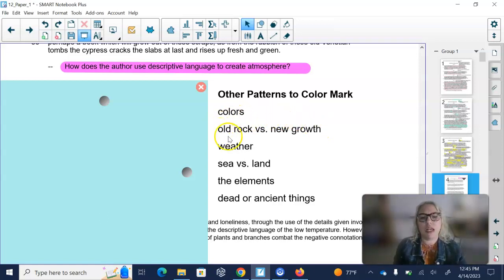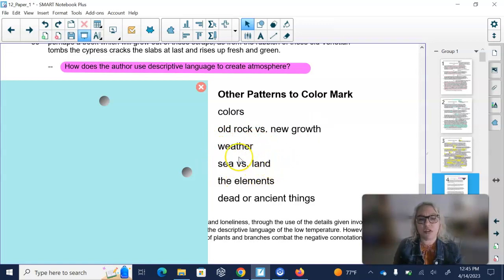Maybe I would trace, I love oppositional pairs, things that seem to work in contrasting ways. How about looking at the old rock, the rock that's described as ancient, versus the new growth that's kind of growing in cracks of that old rock. Maybe you could trace aspects of weather.